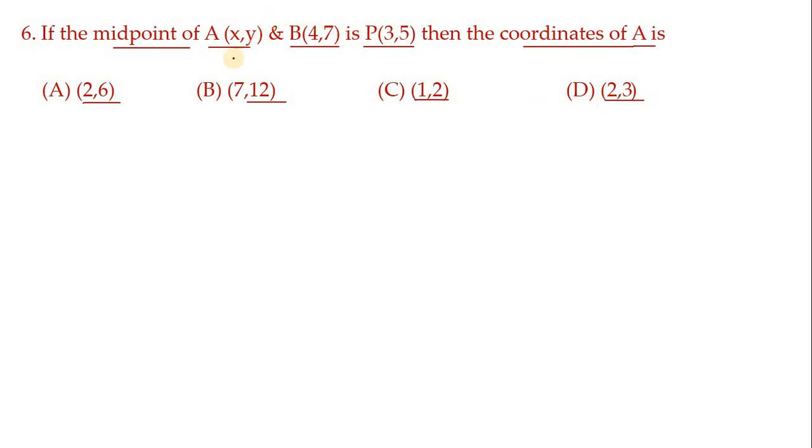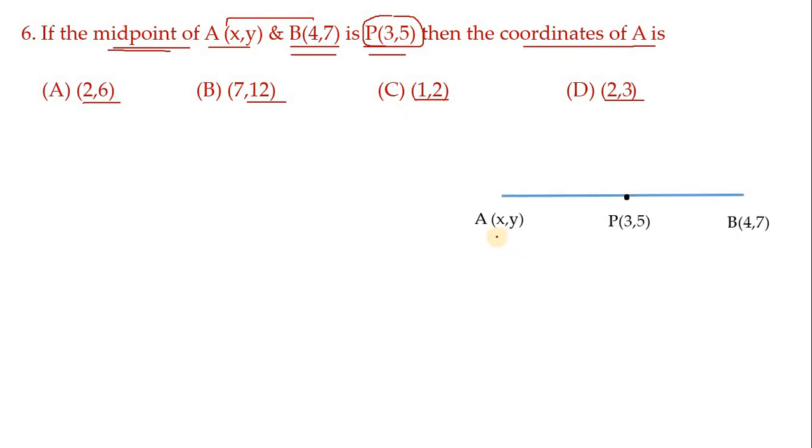Children, see here, they are talking about midpoint. Means the formula which I said, x1 plus x2 by 2, y1 plus y2 by 2, that formula we have to use. So the line segment name is A and B. So it is divided by the point P, and B, P coordinates they have given, A coordinates we need to find.